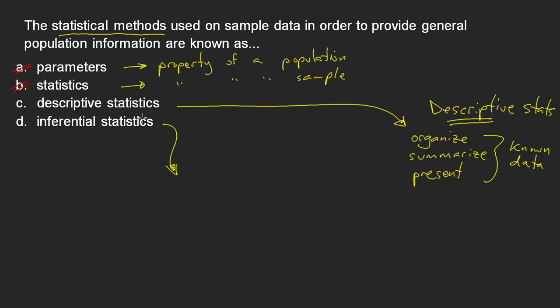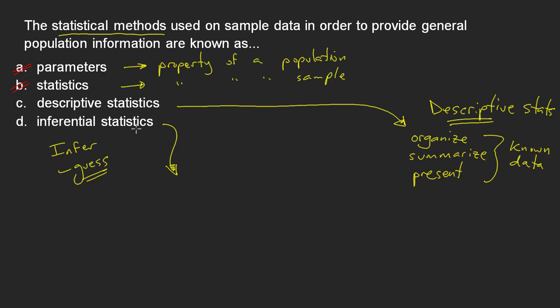The other type of statistics that you're going to be getting into in this course, and this happens after you learn all about descriptive statistics, is inferential statistics. And you can think of the word to infer, which really just means guess. So it's more like an educated guess, but it's really just a guess.